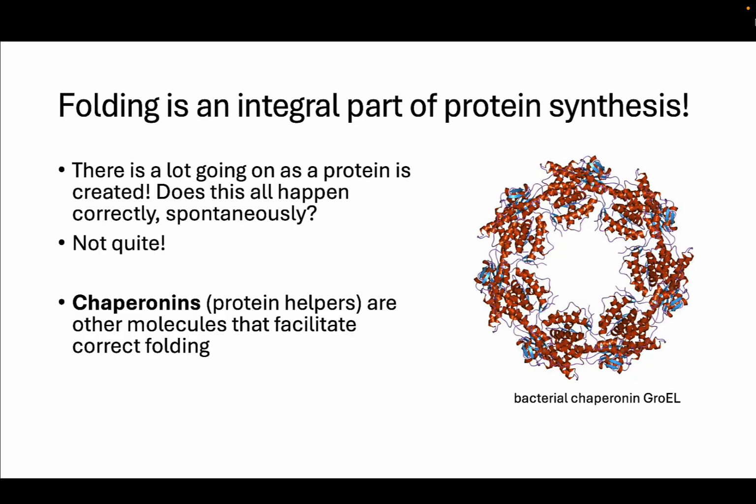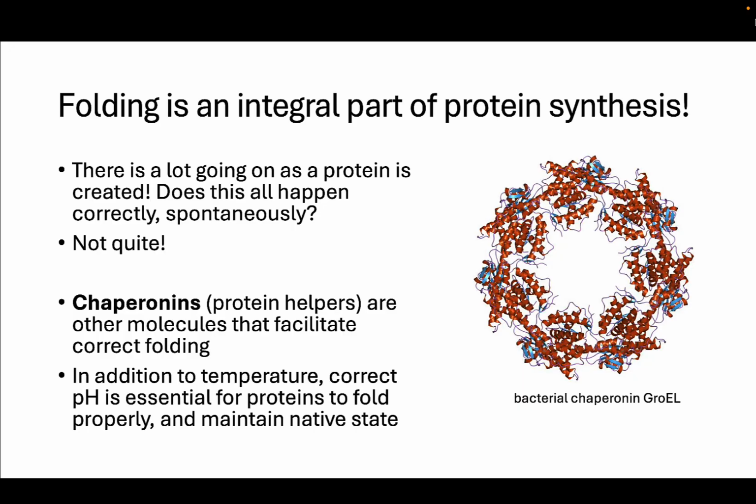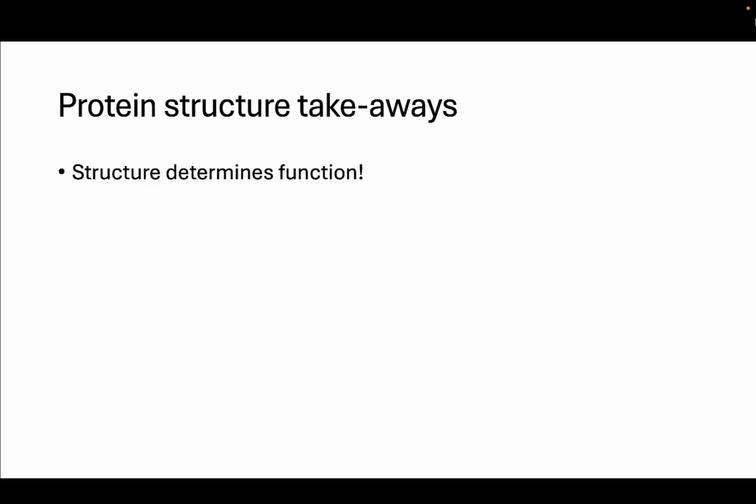And here's an example of such another molecule. It's another protein, and it facilitates how a protein is made, right? It holds it in the right way so that the folding occurs properly. And in addition to temperature, pH is essential as well, right? Without the right pH, protein folding won't occur, and we could denature a protein by changing the pH as well.